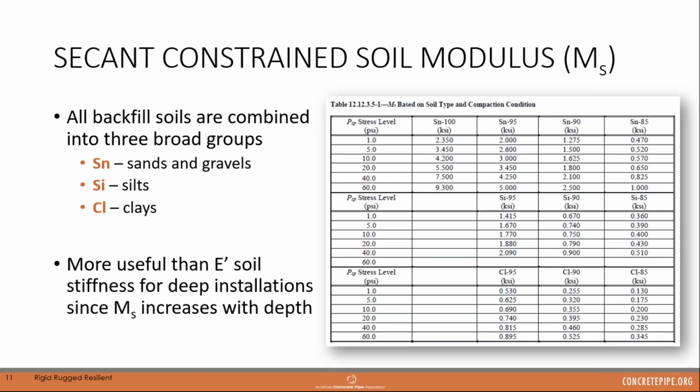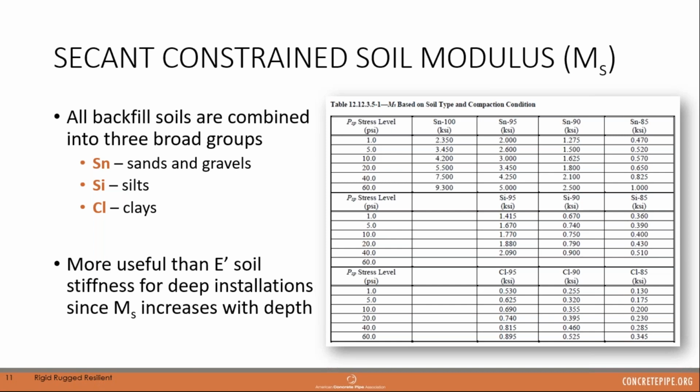And this actually replaces a more commonly known term called E prime, which is what's used in that modified Iowa formula. And this M sub S term really should be somewhat more accurate, because in contrast to the E prime term, it actually factors in the depth of the backfill. Assuming that a deeper burial with a higher soil prism stress level is going to cause that soil to be a little bit more compressed just naturally.